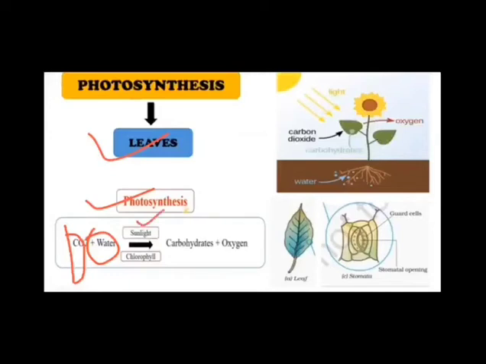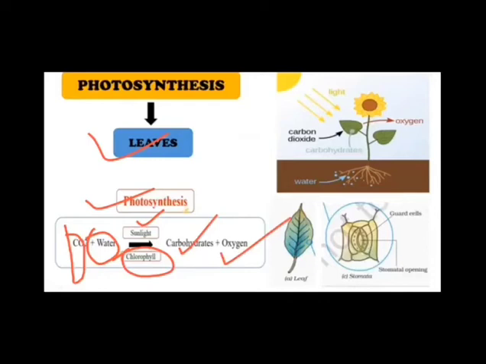Chlorophyll is present in the leaves of the plant. With the help of chlorophyll, the leaves produce carbohydrates and release oxygen. Okay, so in this way the process of photosynthesis takes place.